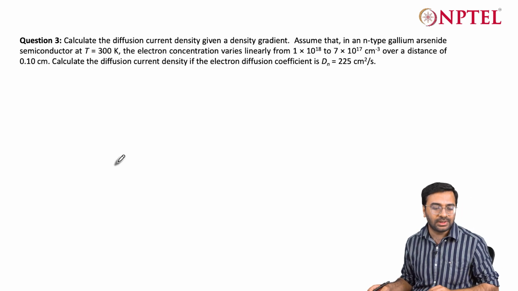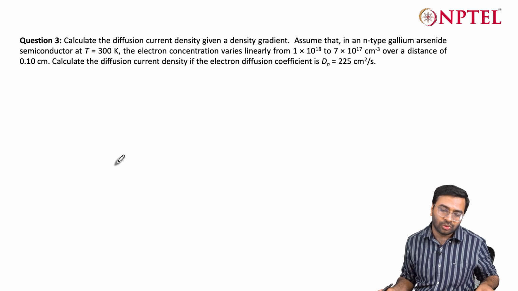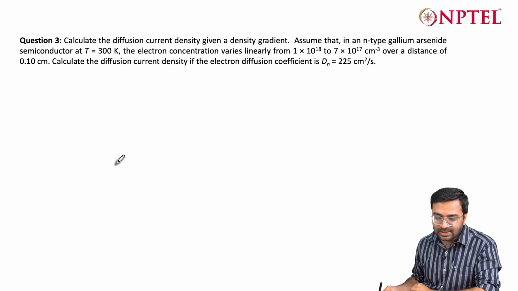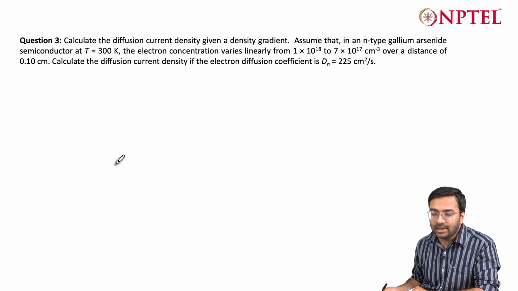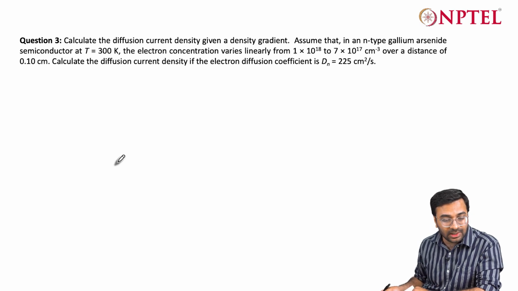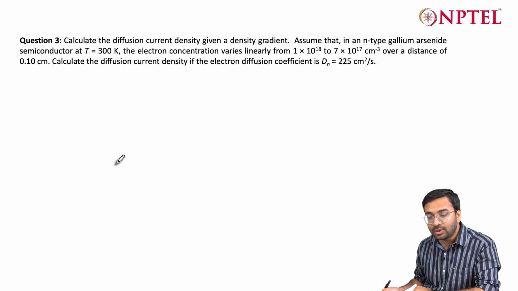Assume that in an n-type gallium arsenide semiconductor at T equal to 300 Kelvin, the electron concentration varies linearly from 1 into 10 to the power 18 to 7 into 10 to the power 17 per centimeter cube over a distance of 0.1 centimeter.